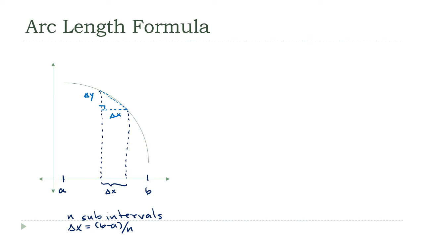So what's the length of this hypotenuse here? Well, this is the Pythagorean theorem, right? This is the square root of delta x squared plus delta y squared. So the approximate value for my arc length is going to be the sum i equals 1 to n of this square root, delta x squared plus delta y squared.